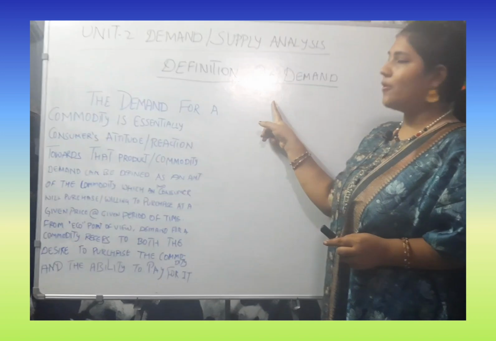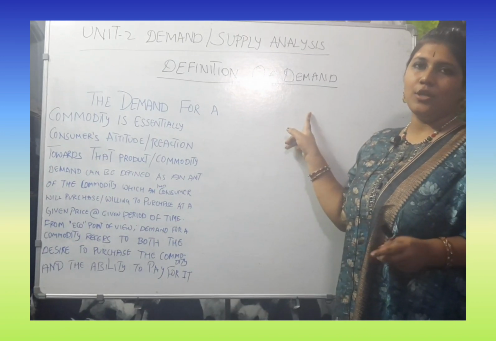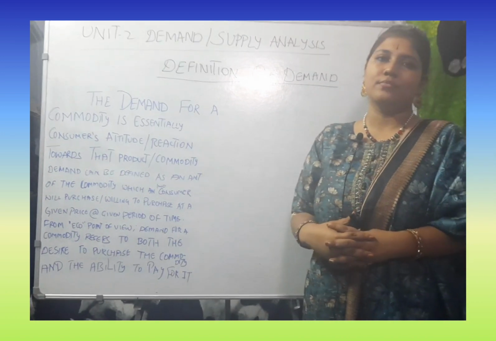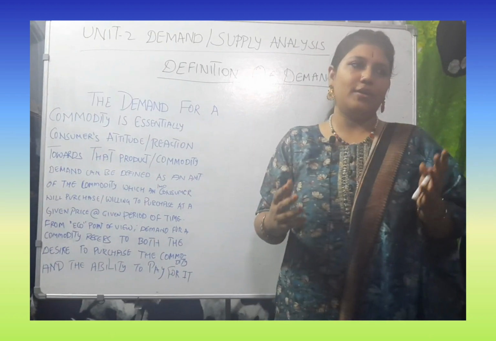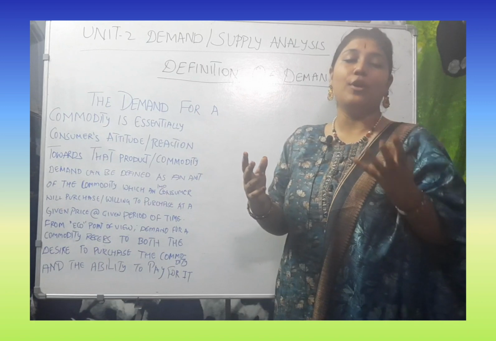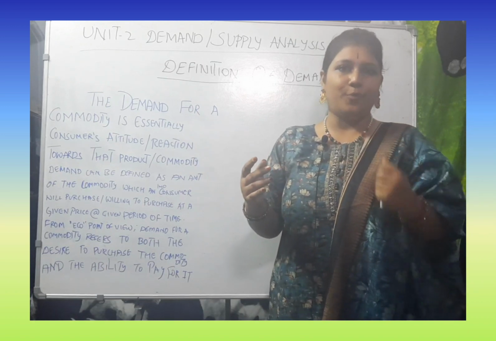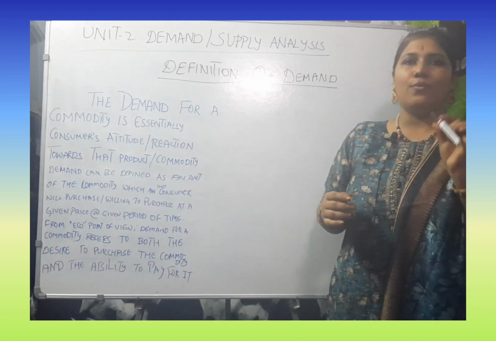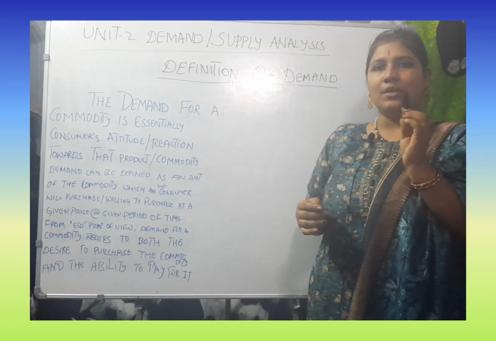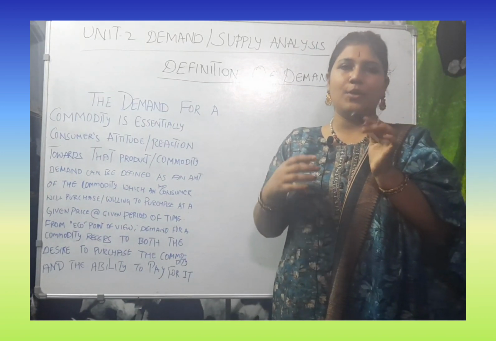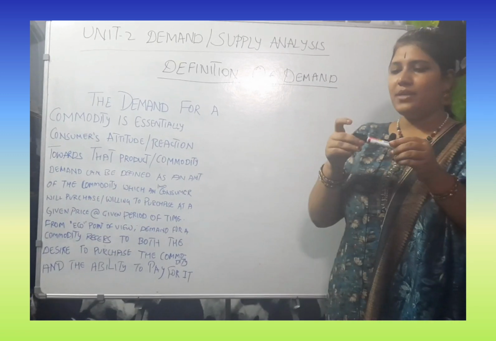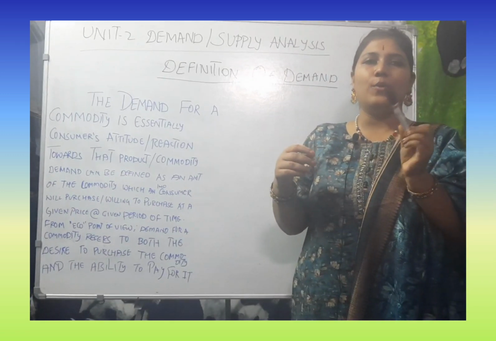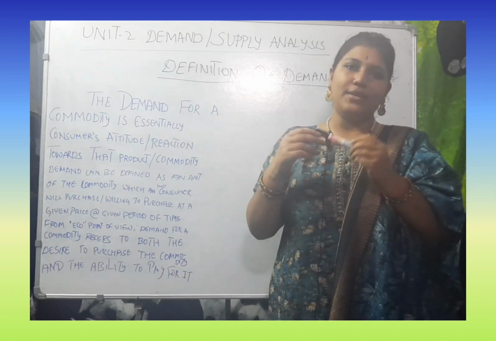Definition of demand. Now what is demand actually? A desire to acquire, or wanting a particular item or product. Like I want this pen. This is a desire because I like to write on this marker board and this pen is not writing. So I want to buy another pen like this.